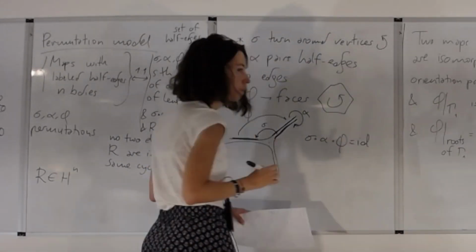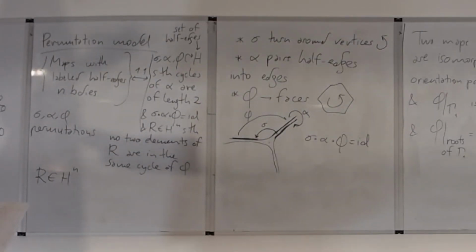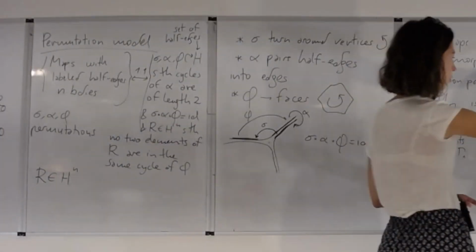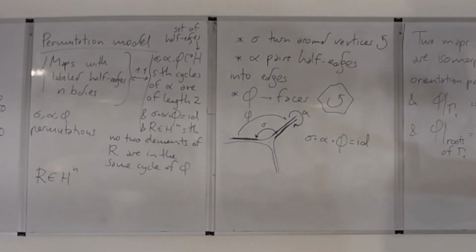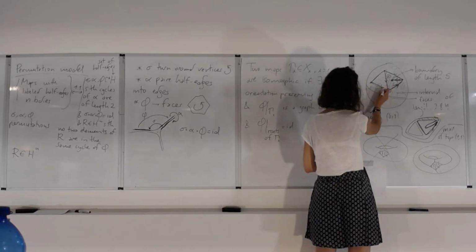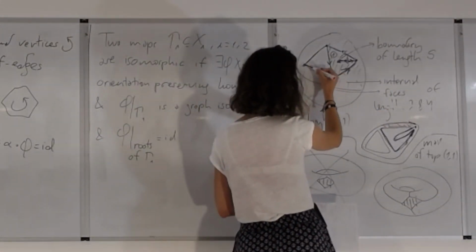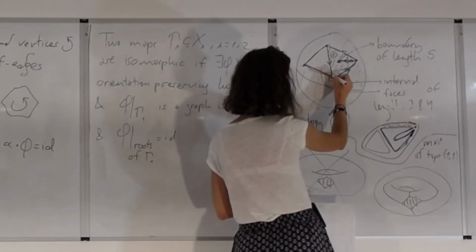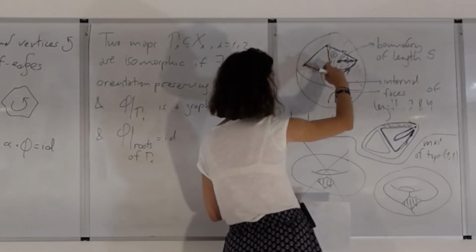Sorry, can you show this phi times alpha times sigma in the triangle there? Here? Yes. I mean, that drawing is a local drawing around any vertex if you want, but which one do you like? This one? Yeah. So we start, for example, from this half edge, the one that belongs to this triangle. Then phi will send it to this one, afterwards to this one. So it just goes around the face counterclockwise.